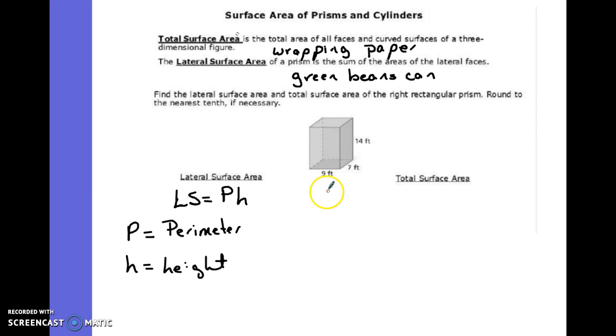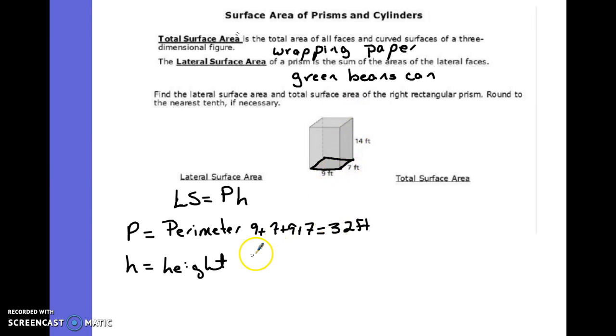So, we want the perimeter of the base. If you look at our base, we're going to add all the way around it, so we'd have 9 plus 7 plus 9 plus 7. 9 plus 7 is 16, and we had 2 of those, so that is 32 feet.